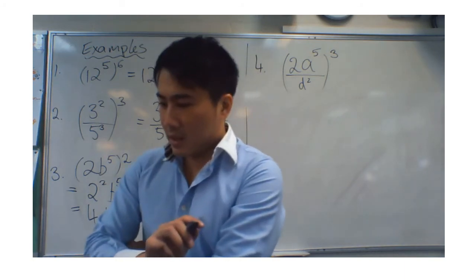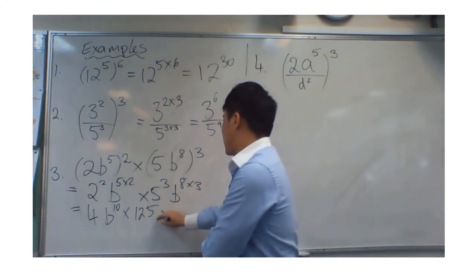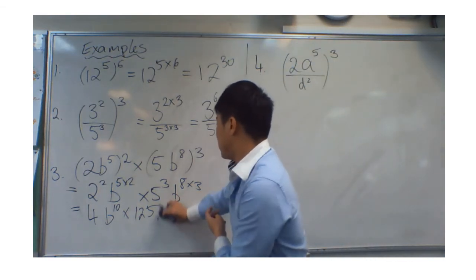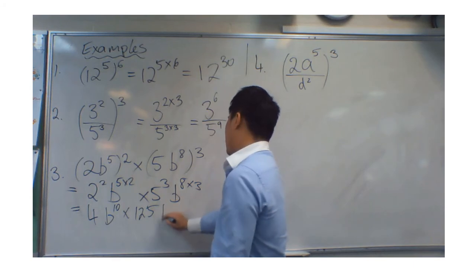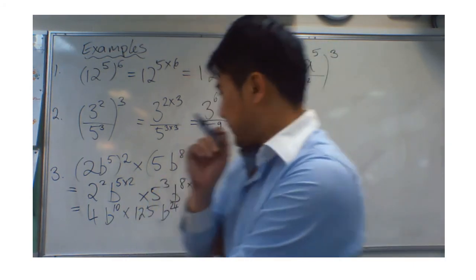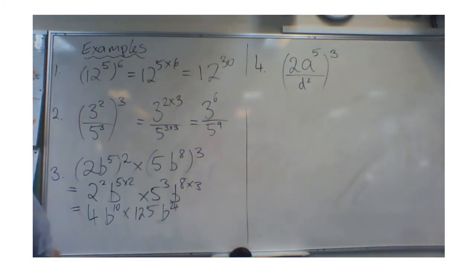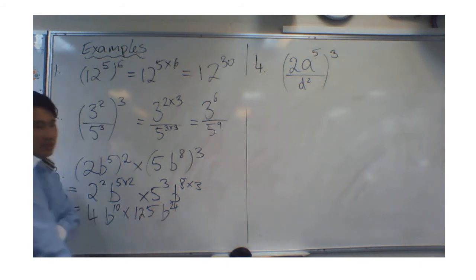Right? 125. And then times b, or we don't really need to write this times sign, b to the power of 24. Right? So one more step. Because 4b to the power of 10 is just 4 times b to the power of 10 times 125 times b to the power of 24.